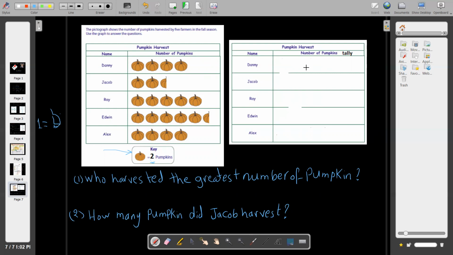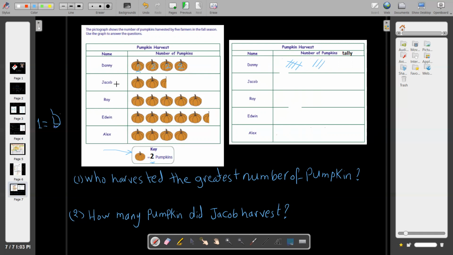Now we want to complete this using tally. I count 2, 4, 6, 8. I count 2s because each one represents 2. So this is how many? 2, 4, 6, 8. We draw 8 tallies. 1, 2, 3, 4, 5, 6, 7, 8.